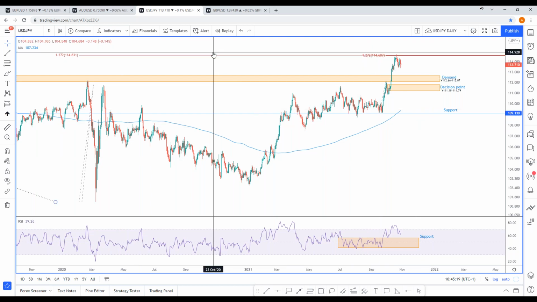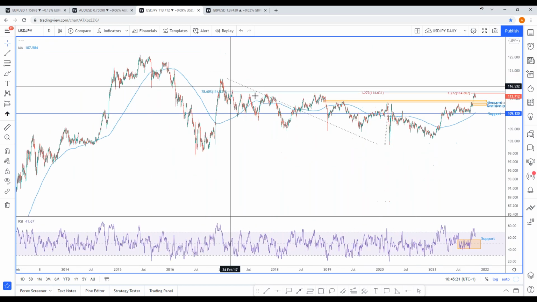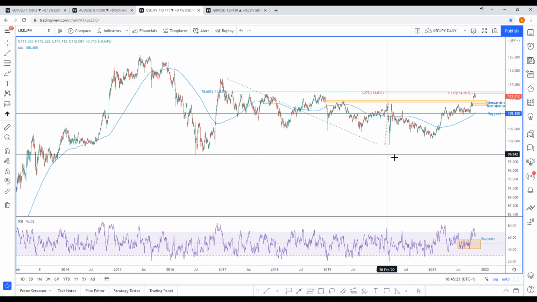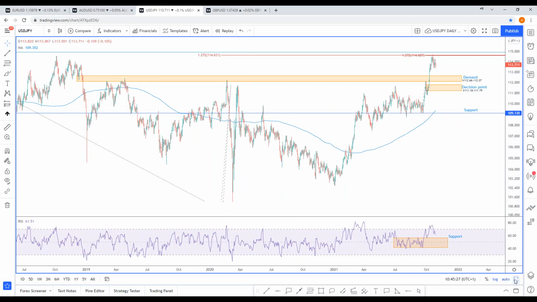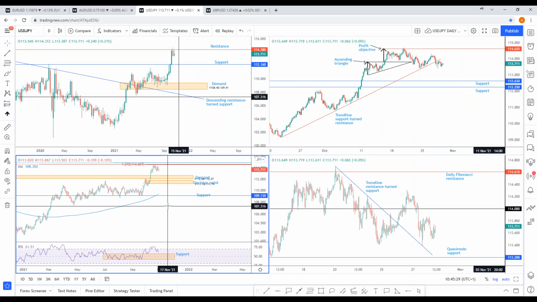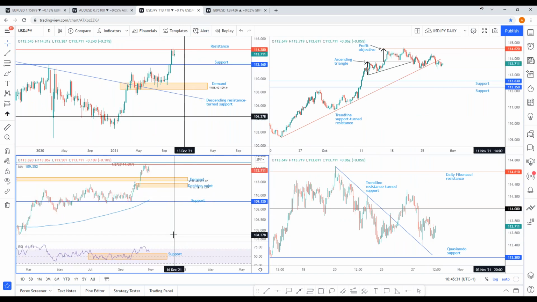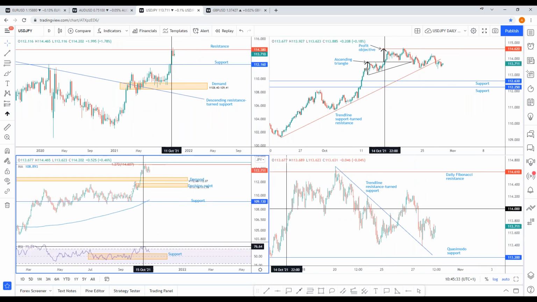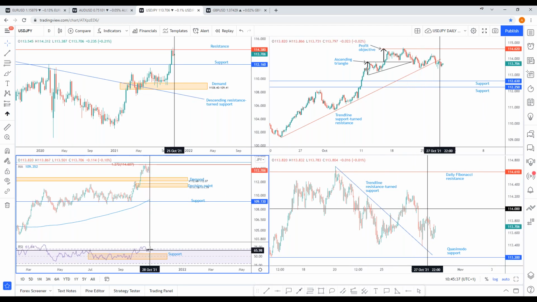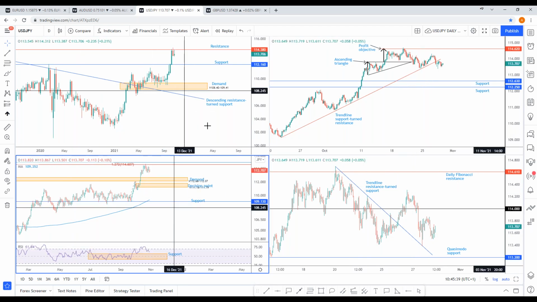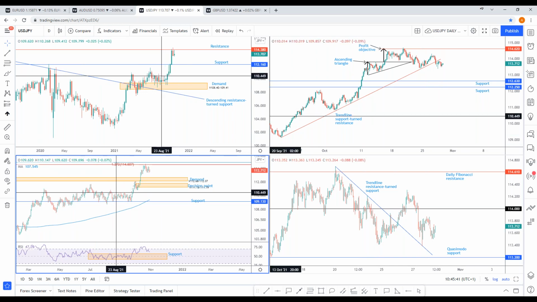And this is just below a 78.6%, as you can see here, Fibonacci retracement. Now, with that resistance and the weekly resistance, as well as the RSI exiting overbought, this is a bearish picture in terms of the structural bias.